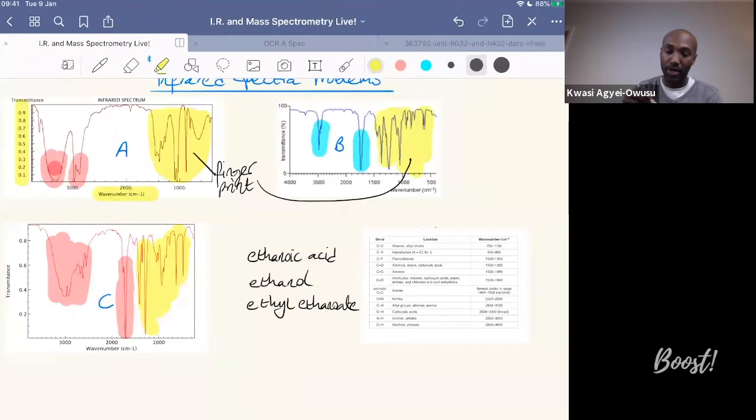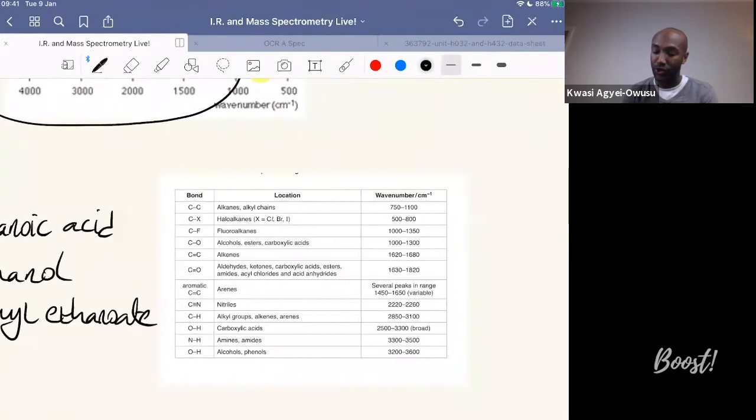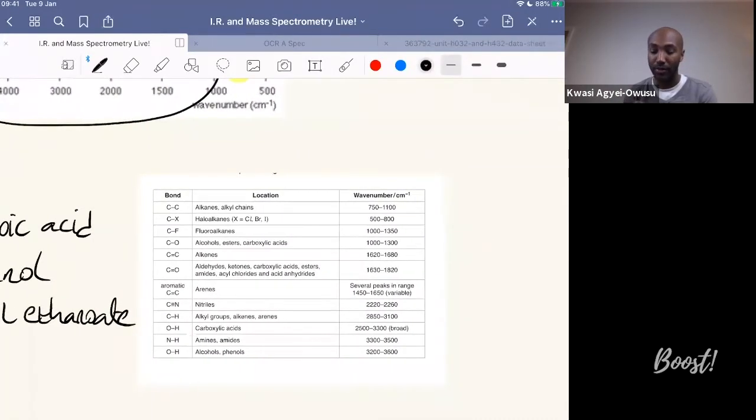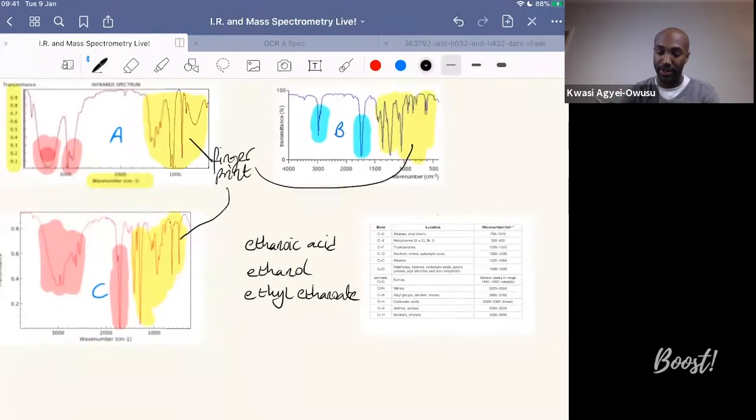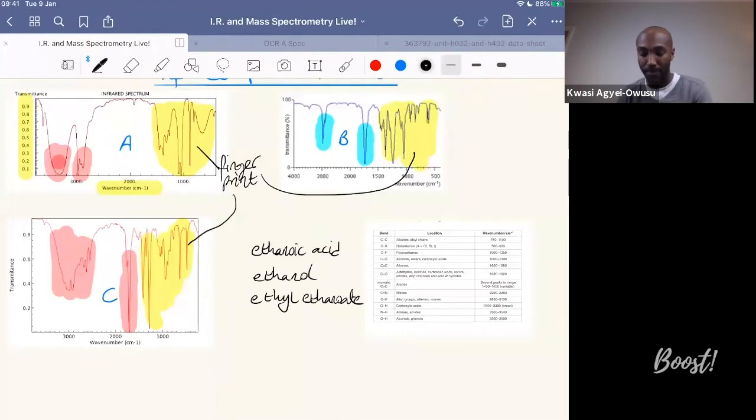Okay, so what does this mean? Having identified these absorbances above 1500, what we need to do is use our data table to allow us to identify the types of bonds present. So the data table I've shown in the middle of the screen. We make that a bit smaller and go back to A. But before we do that, our three possible molecules are written down for us.